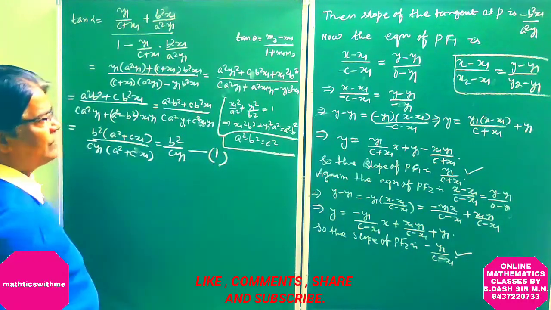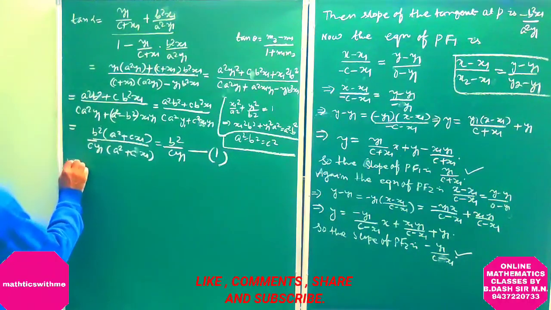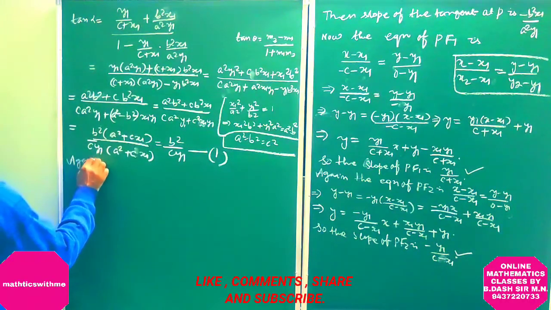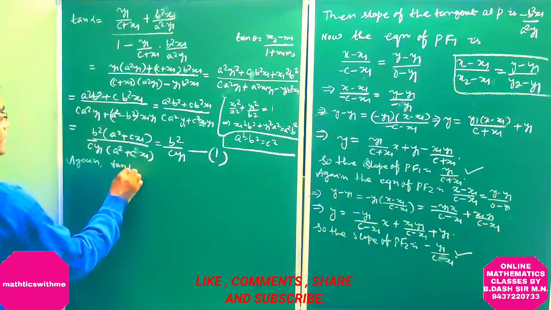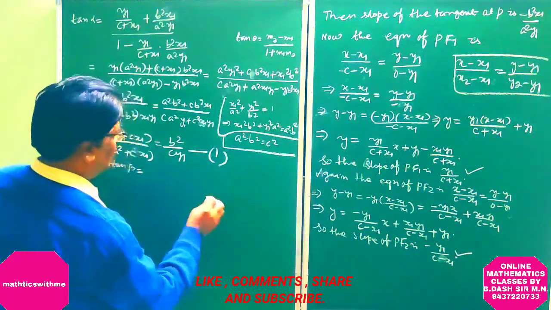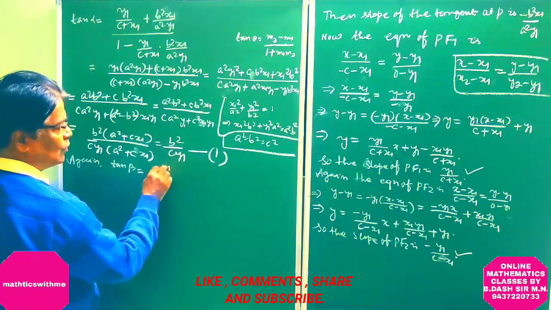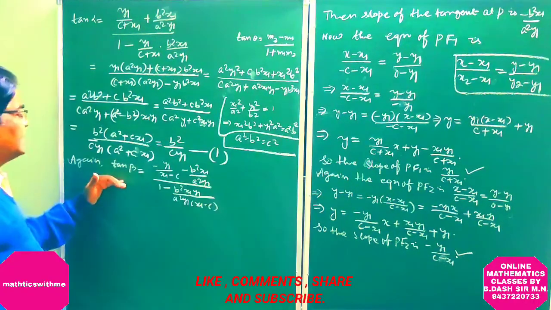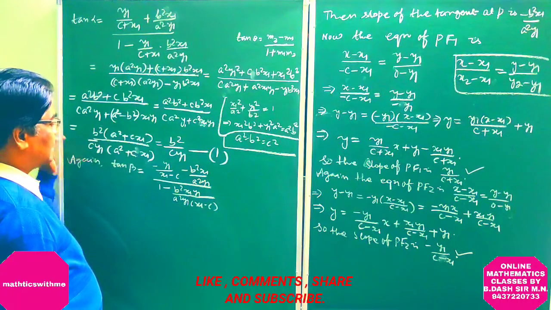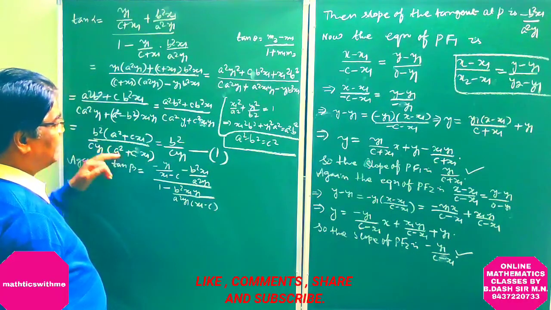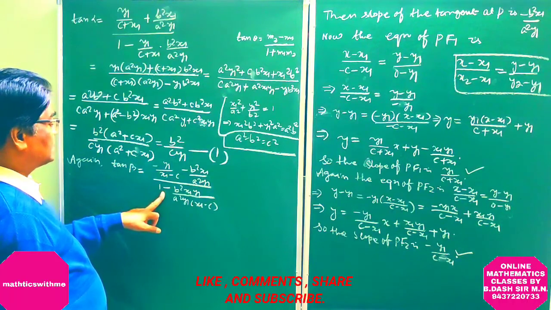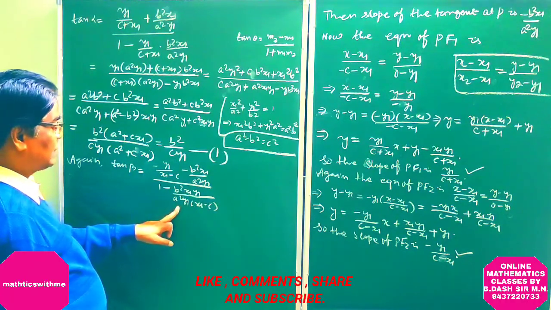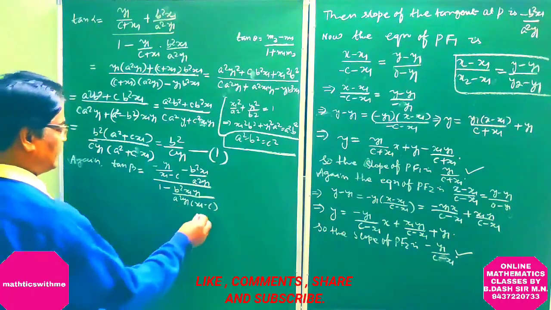This is equation 1. Again, tan β = [−y1/(x1 − c) − b²x1/(a²y1)] divided by [1 − (b²x1y1)/(a²y1(x1 − c))].